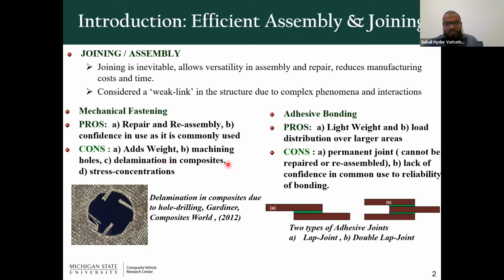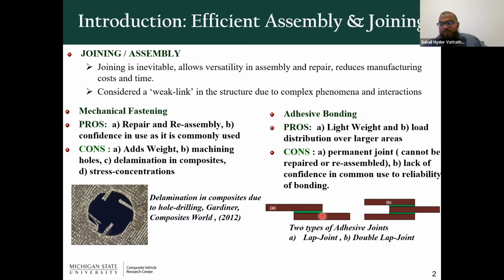Whereas if you make a bonded joint using thermoset as the adhesive, you cannot do the disassembly or debonding. So reversibility is one of the major constraints in adhesive bonding. And the immediate solution that we can think about is using a thermoplastic polymer, because it is reversible in nature.